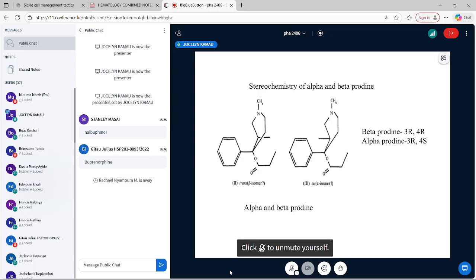And instead of naming it using the IUPAC system, we call it hydroxyethyl. We don't call it ethane, we call it ethyl, because it's a substituent.